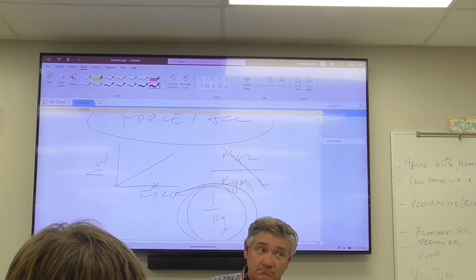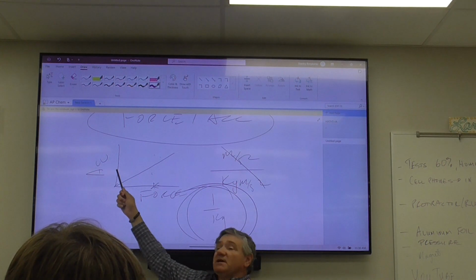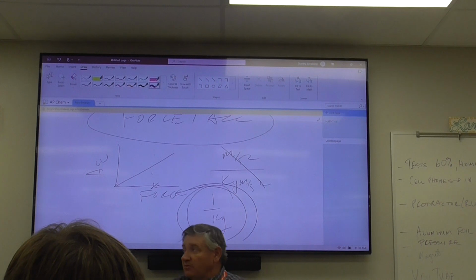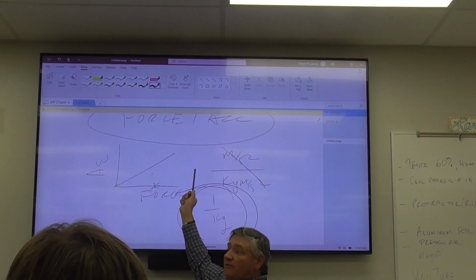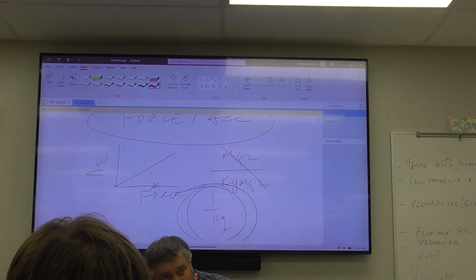It's an option. If you want to keep acceleration the same, you would say, I want the same acceleration, but with more mass, that's going to require more force. Oh, what's going to happen to the slope of the line? That's an option.